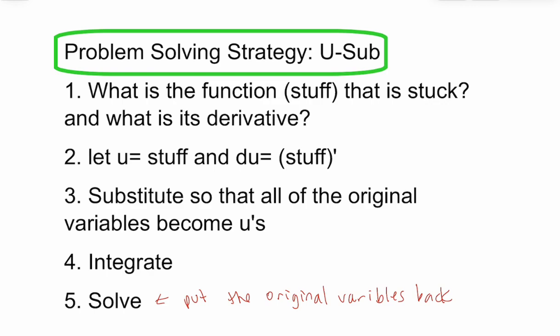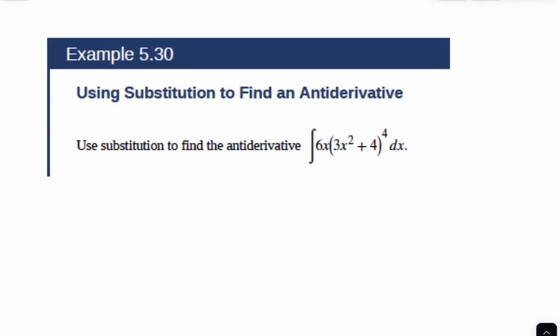Okay, let's look at our first example. It says use substitution to find the antiderivative of this stuff. Okay. To do this problem, back in the day, think about what we did for derivatives. If you look at that and go, hey, for me to do the derivative, I have to do the chain rule, right?